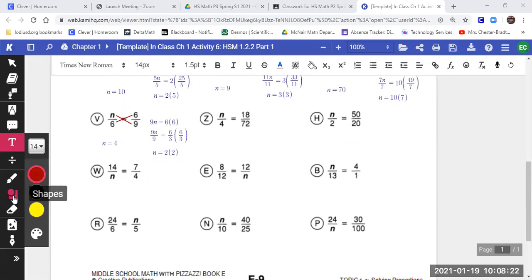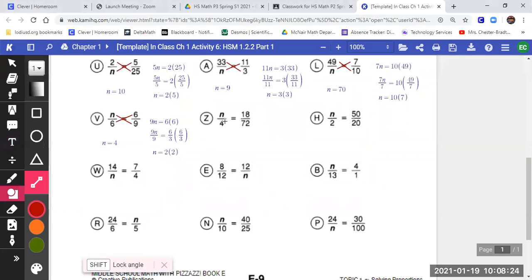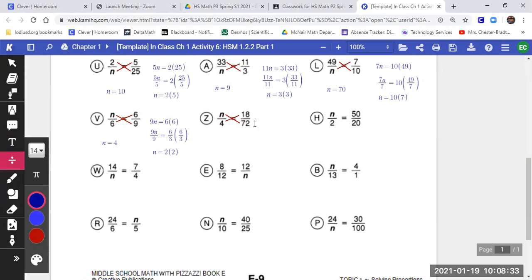Step 1. I draw my cross multiply lines. Right? Step 2. 72n equals an 18 times a 4. Is everybody okay right there? Anybody not know where that stuff came from?